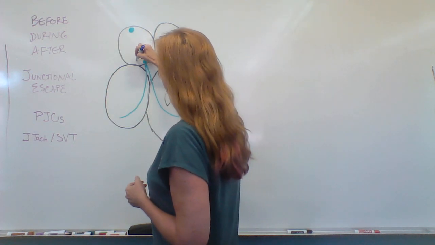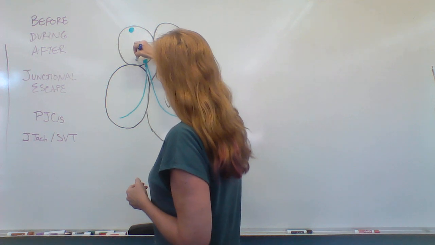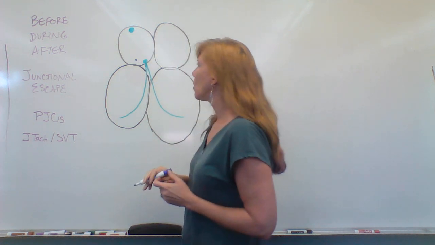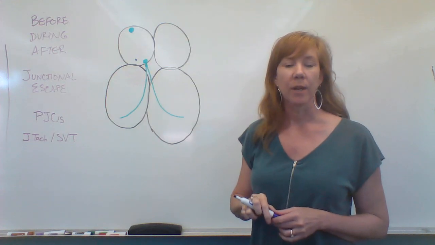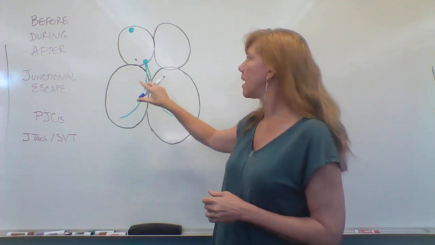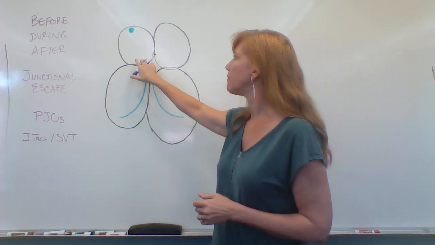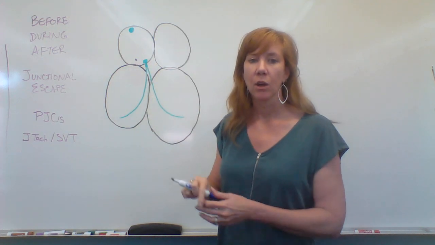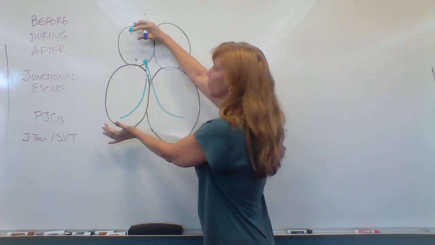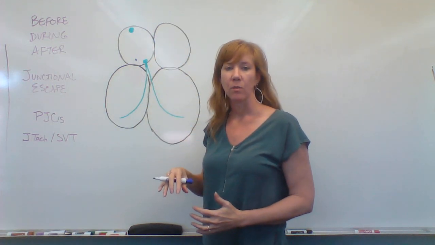Right in here. We have a cell right here. What would happen if we had an ectopic focus and a cell right here fired and made a heartbeat? So we know that electricity would spread in both directions, right?